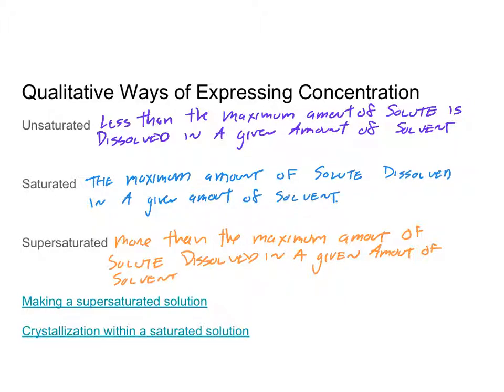Now, if we were to look at a solution that was saturated, you would visibly see a clear solution. Okay? If you were to look at an unsaturated solution, you would also see a clear solution.